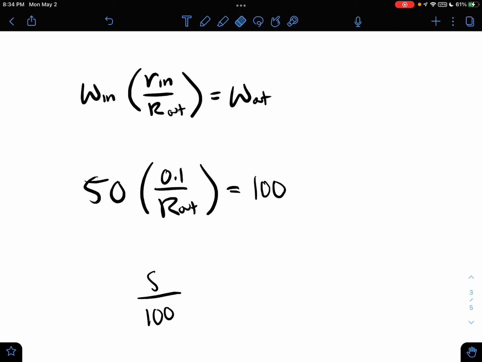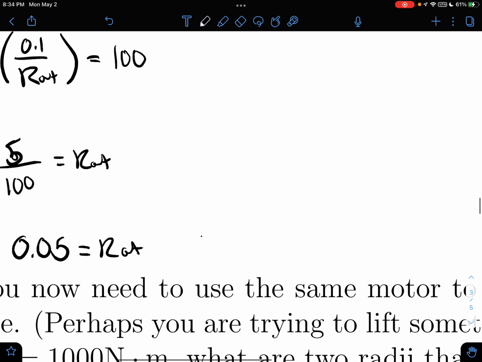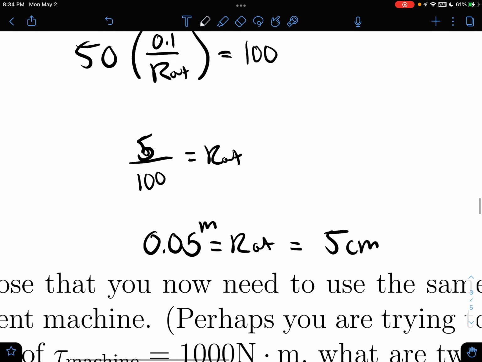So this is going to be 5 over 100 equals R out. That is a 5, not an S. And 5/100ths is 0.05 equals R out. And again, since I was keeping everything in meters, this is 0.05 meters, or 5 centimeters.